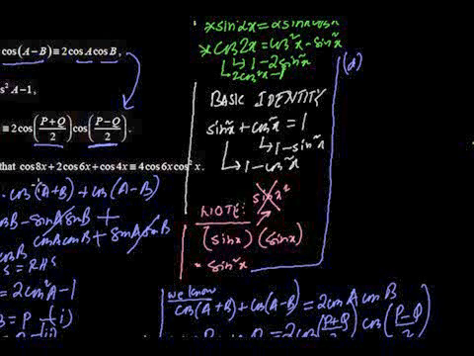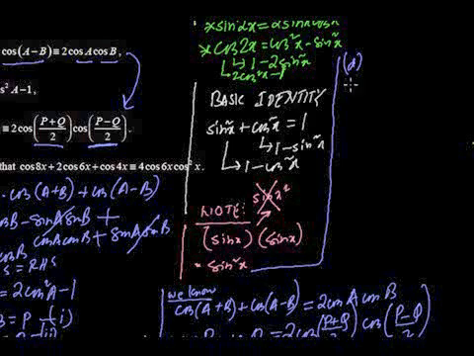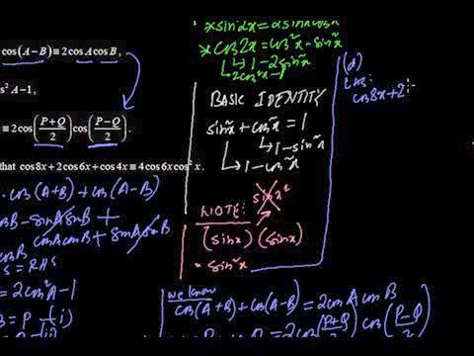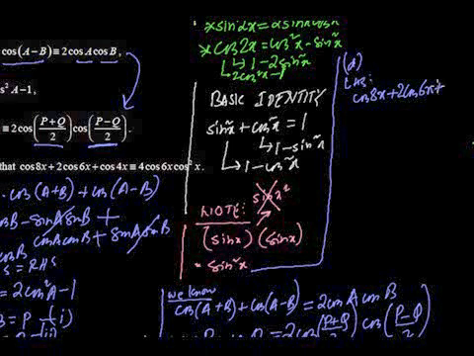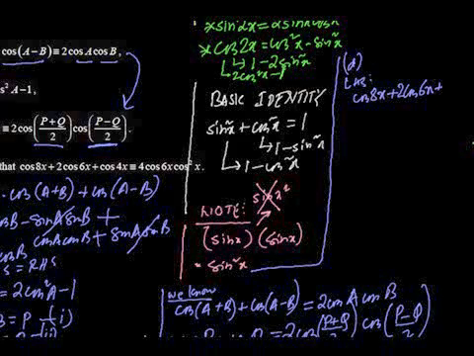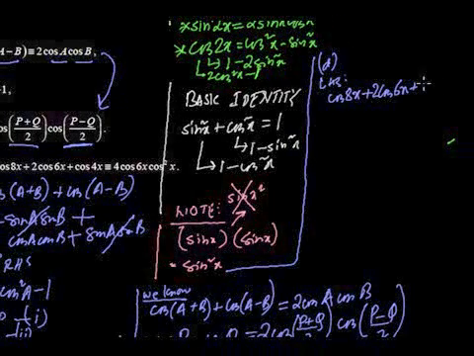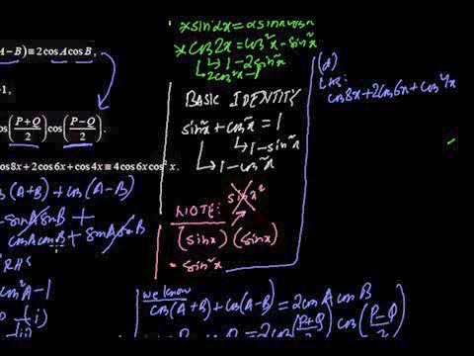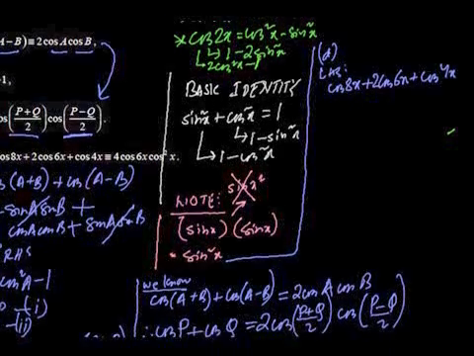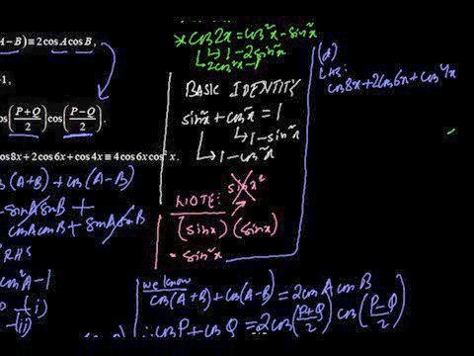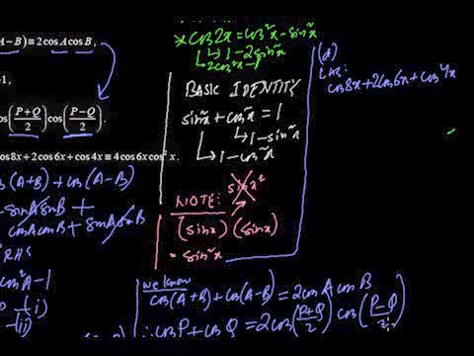Now the first thing we have to remember: the left hand side is cos 8x plus 2 cos 6x plus cos 4x. If you take a look at the previous sum, cos p plus cos q can be written as 2 cos (p plus q) by 2 cos (p minus q) by 2.